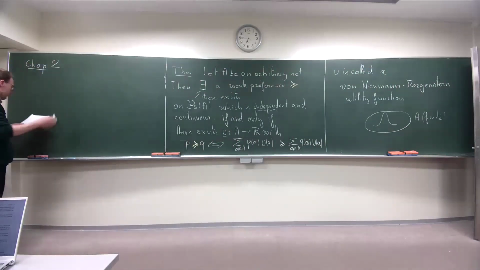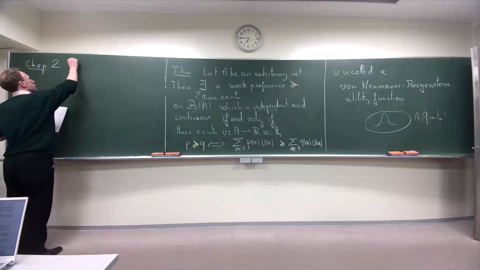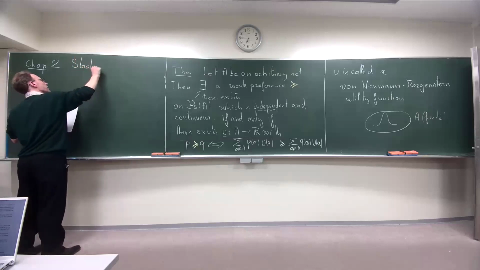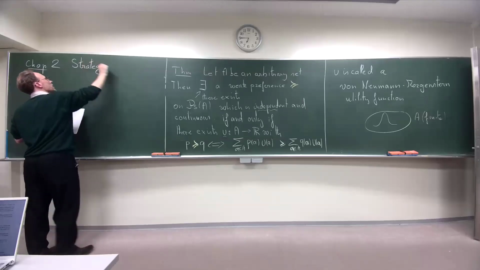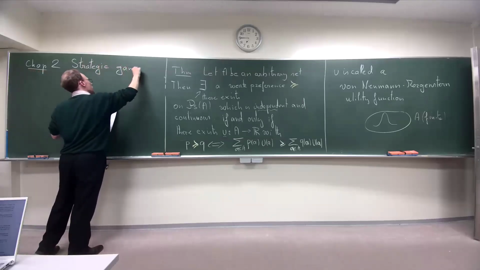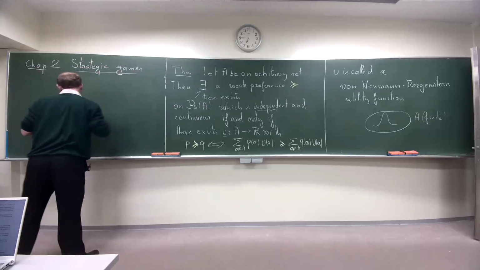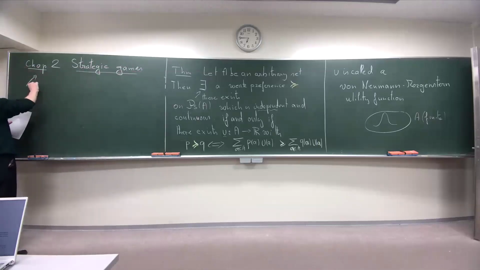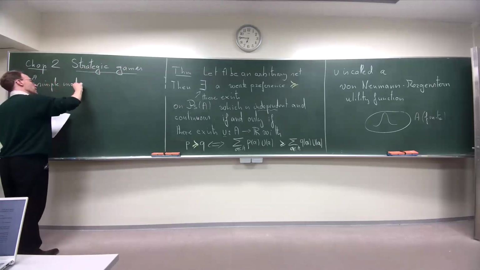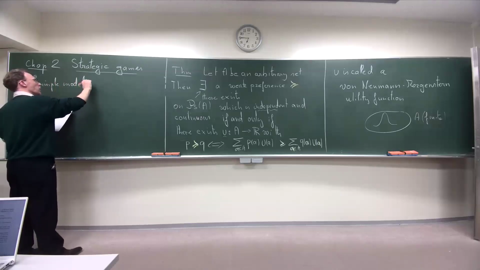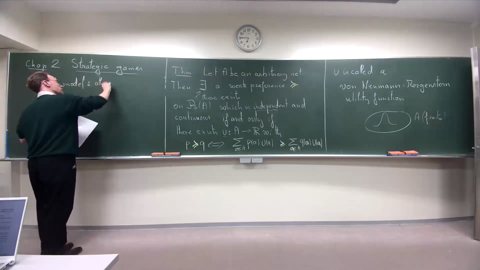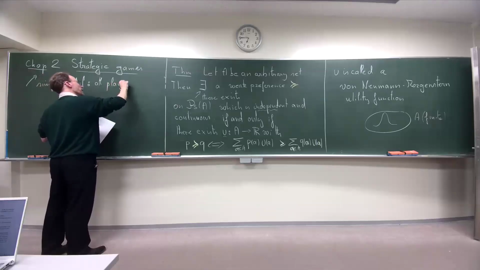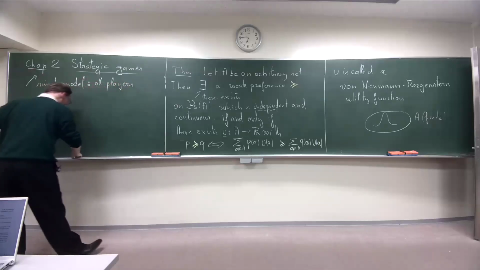Okay, chapter 2 is about strategic games. I need to introduce what strategic games are. And in fact, they're very simple. These strategic games are a simple model. Why? Because all players, by the way, a player is not always somebody really playing.